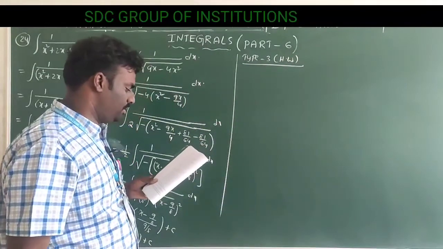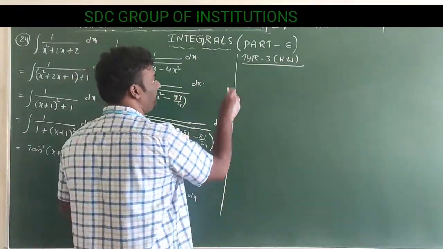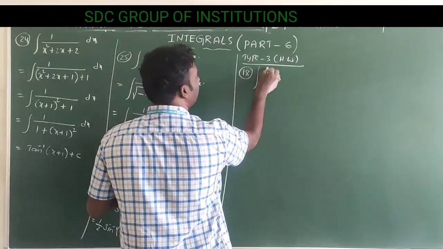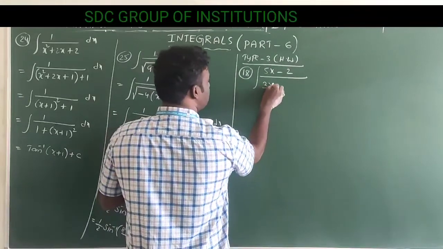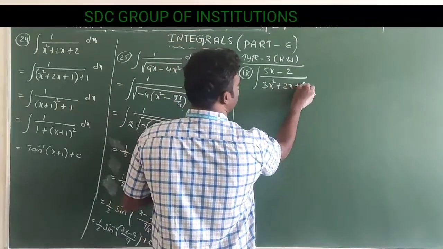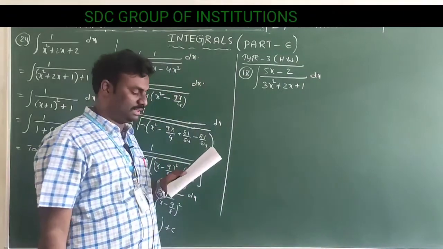Okay. Now question number 18, integral (5x minus 2) by 3x square plus 2x plus 1, by the same px plus q method only.